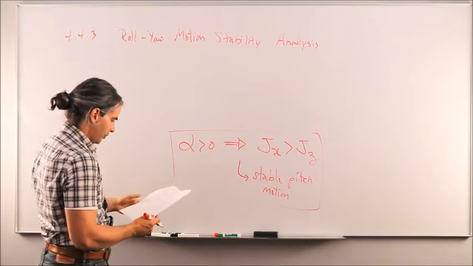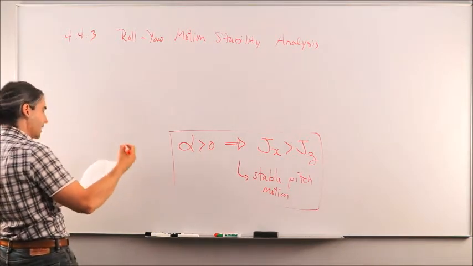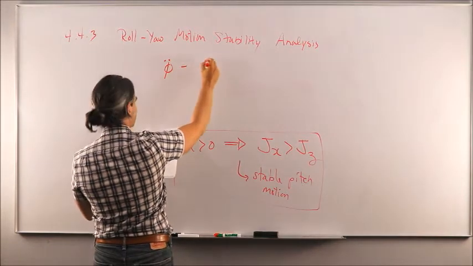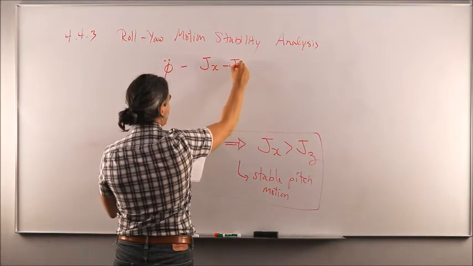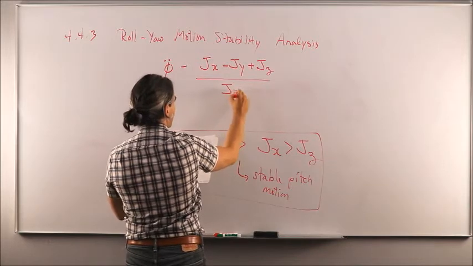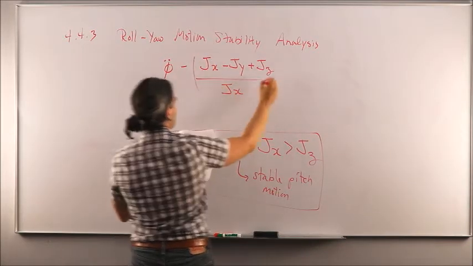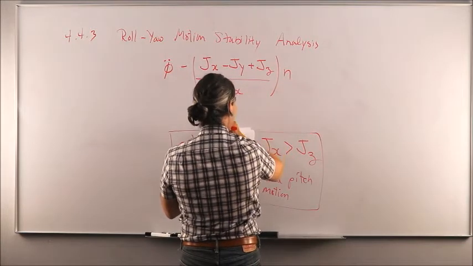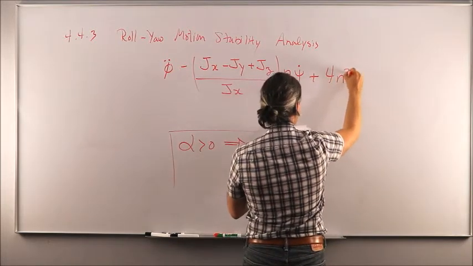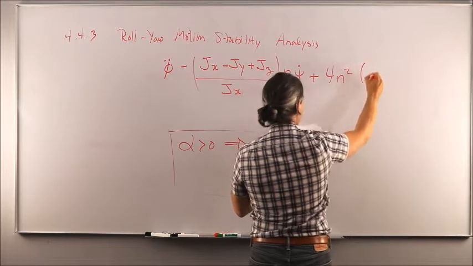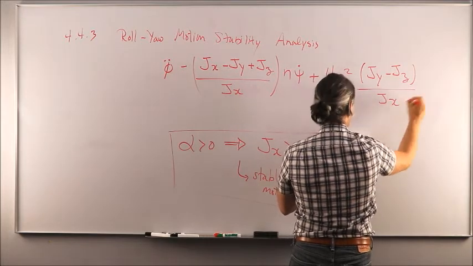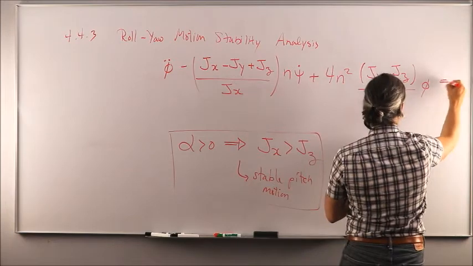Pick the first and the third one and just divide everything by Jx and Jz respectively to obtain the roll acceleration equal to, or minus rather, Jx minus Jy plus Jz, all this over Jx, multiplying n times the yaw rate, plus your 4n squared term that we had times Jy minus Jz over Jx times roll angle equal to 0.